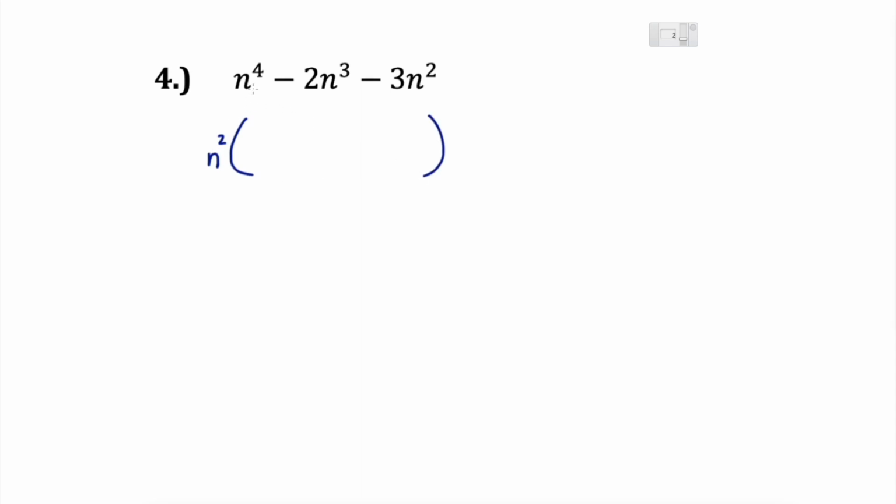So if I take n to the 2nd out of n to the 4th, that gives me n to the 2nd. If I take n to the 2nd out of negative 2n to the 3rd, that leaves me with negative 2n. If I take an n squared out of negative 3n squared, that leaves me with minus 3.